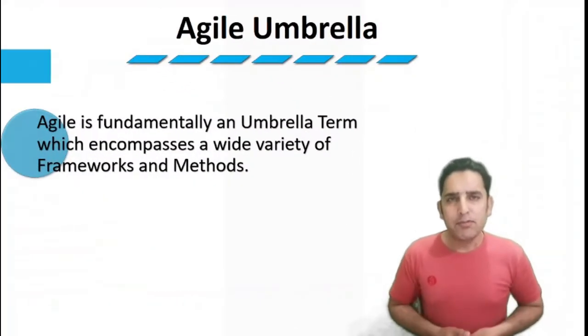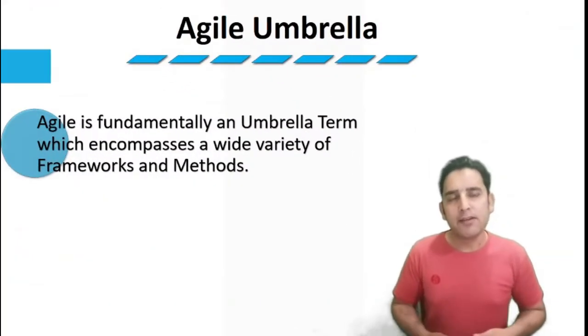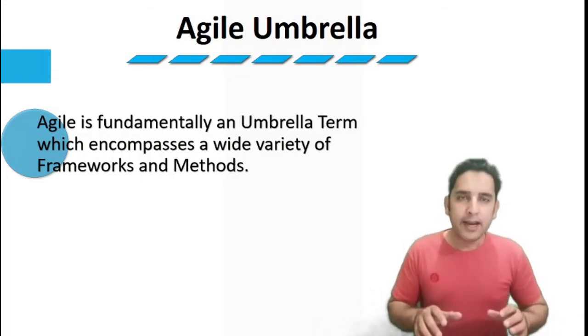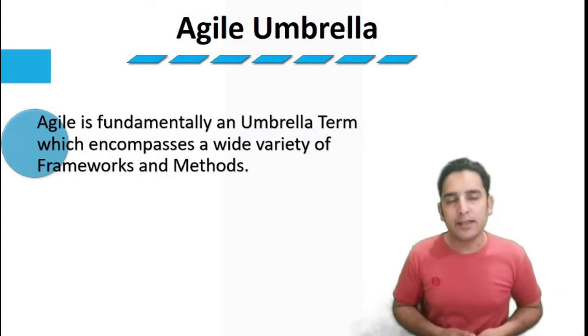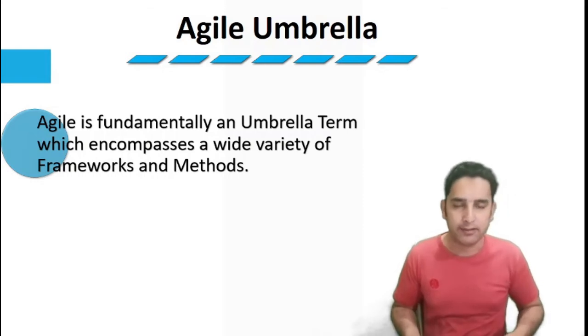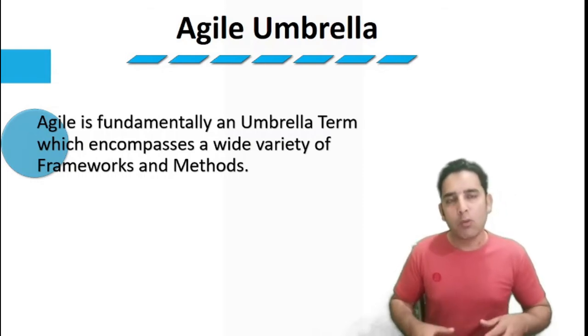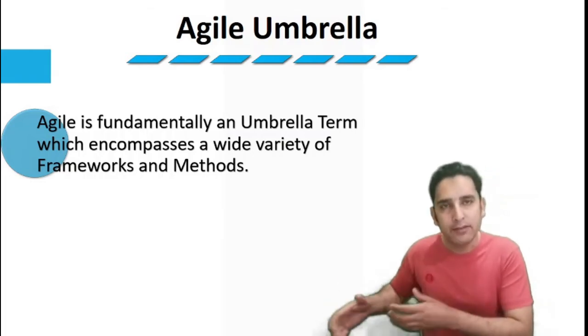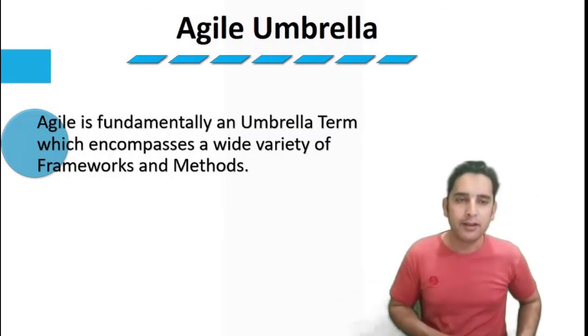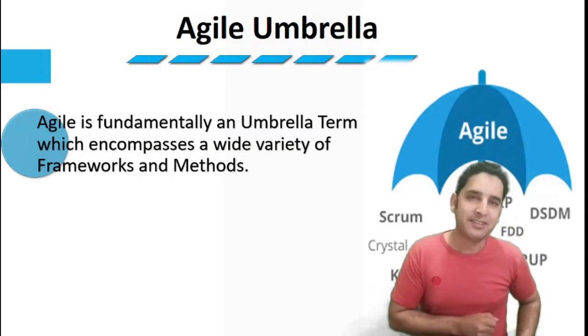As we have seen before, Agile doesn't actually represent any framework or any methodology, but Agile in reality is an umbrella term, and under that umbrella there are a lot of approaches and methodologies that actually exist. If you want to get to know what methodologies and approaches exist under the umbrella of Agile, you can just see it now.